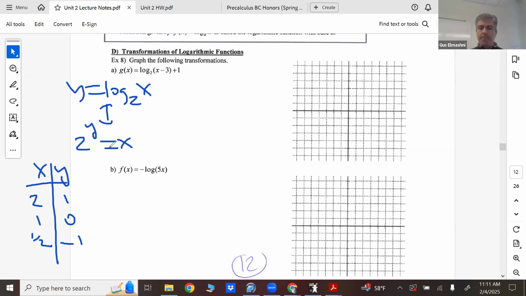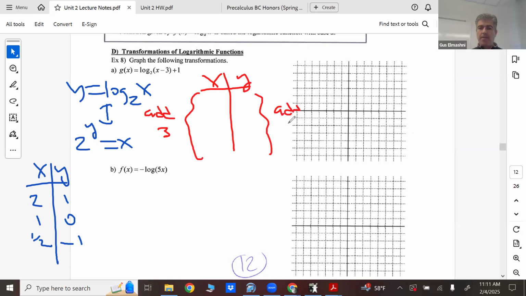Now let's do my transformations. I'm going to add what to x? I'm going to add what to y? Good. So you have 5, 4, and 3.5. Yeah, you can draw clouds if you want. I don't care. If you want to be an artist, go for it. 2, 1, and 0.